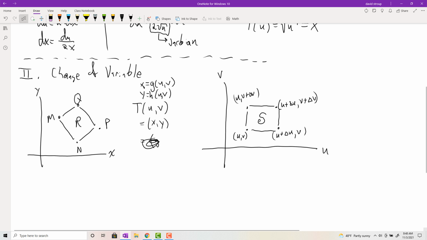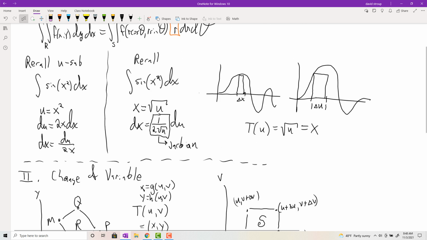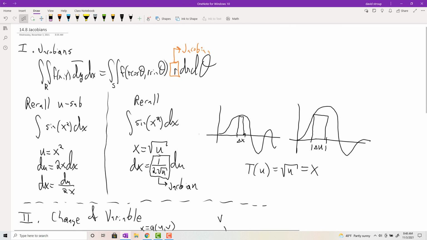All right. So we kind of want to run all of these through that T function, and develop some formulas to do this transformation. And we essentially want a new formula for this dy dx part in our old integral. Just like in the trig sub type version of our substitution, we're after a new formula for dx, right?